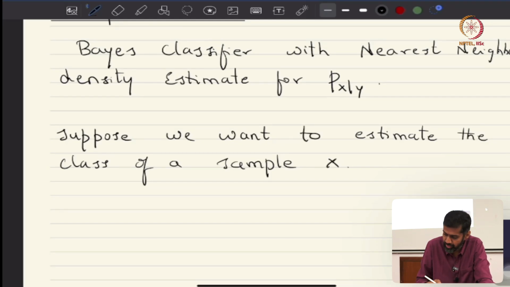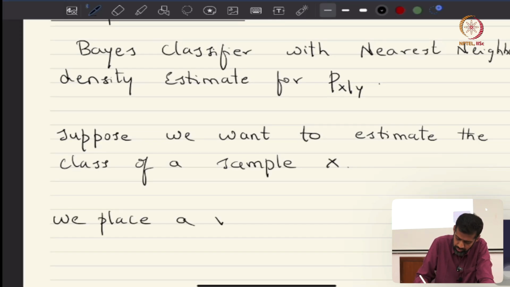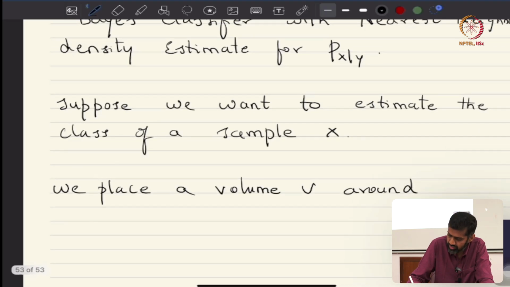So let's do that. Now suppose we place a volume V around X and capture K samples.